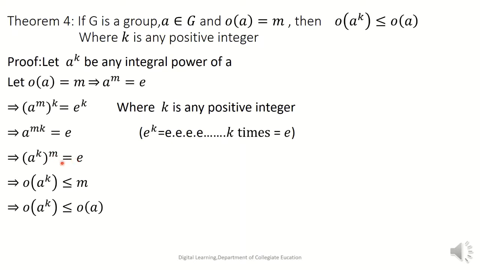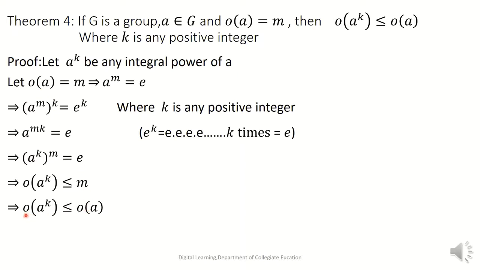Now again, let us apply the definition of the order of an element for A power k. Therefore, the order of A power k is less than or equal to m. But what we have taken as m, here m is the order of A. Substitute this value here.